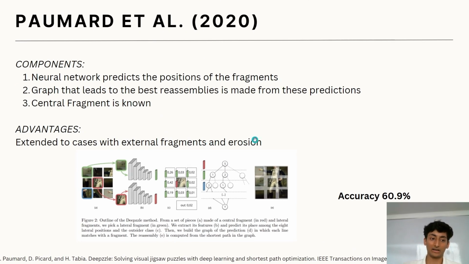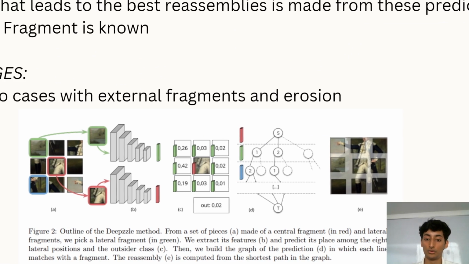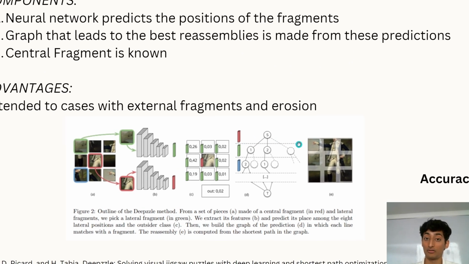So the advantage is it is extended to cases with external fragments and erosion. So, like I mentioned, it also tried to solve puzzles which had external fragments in the initial puzzle set, or which also had eroded boundaries.